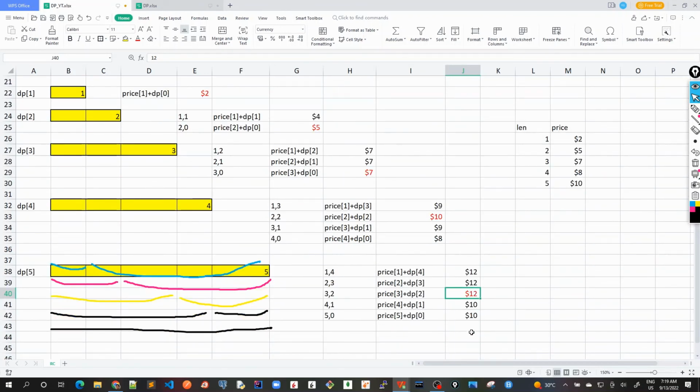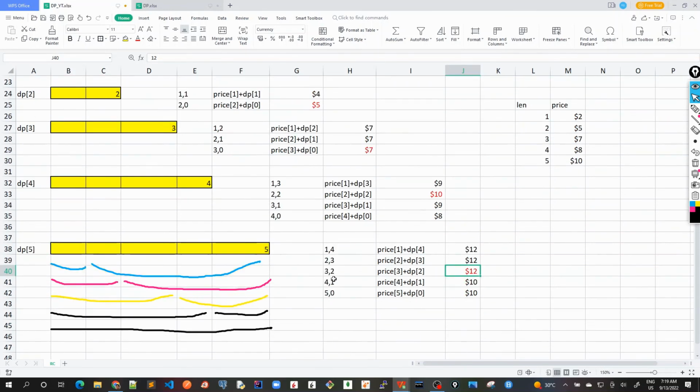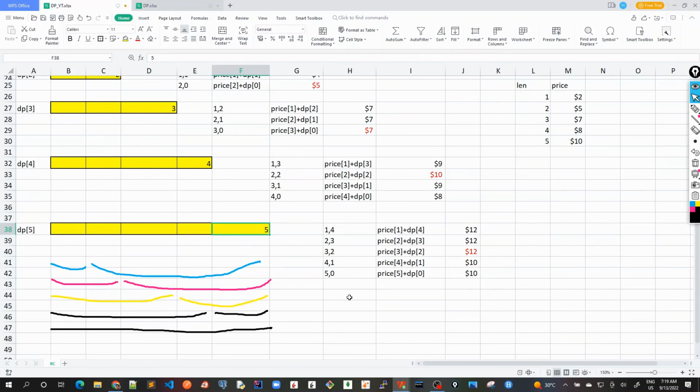So again, let's revise this algorithm. Whatever the length is given here, n is equal to 5, we start with the first combination, from the length of 1 to 5, take all the prices given there, and then we keep on calculating the dp of the remaining index.